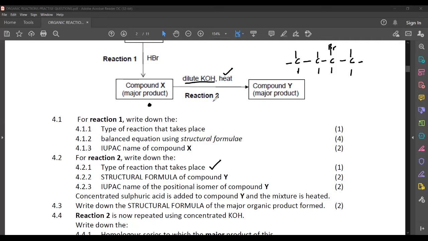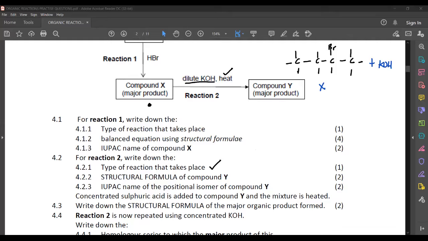4.22, structural formula of compound Y. Now, hold on, family. Check this out. This is compound X, and then Y. What happened? You reacted that with potassium hydroxide, but it was dilute. And because it's dilute, we gave the name hydrolysis. Hydrolysis is a substitution reaction, right?